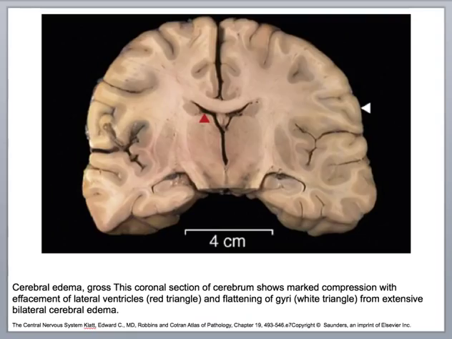This is a coronal section of the brain showing marked compression of the lateral ventricles, indicated by the red triangle, and flattening of the gyri, an example showing by the white triangle, from extensive bilateral or generalized cerebral edema.